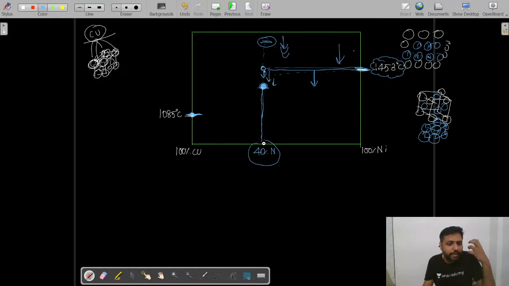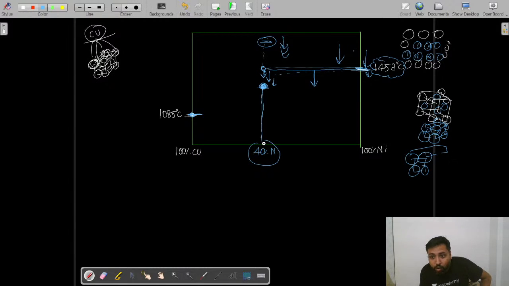Now whatever internal energies those nickel atoms possess, they will start dominating that of the copper atoms, and instead of the copper atoms saying that you cannot form a unit cell, the nickel atoms will start forming the unit cells. Now because the temperature has reached even below 1453, a few of these copper atoms will even start participating in those unit cells which are in the vicinity.